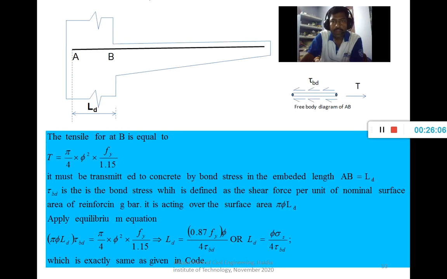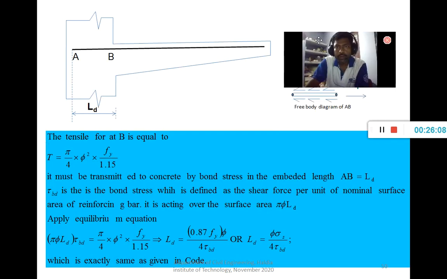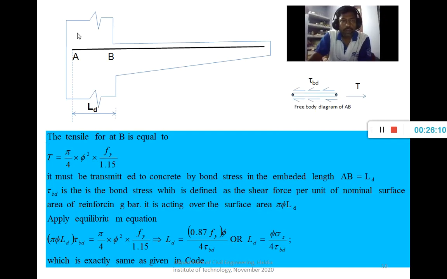You see that this is a cantilever beam and the reinforcement is applied at the top because hogging bending moment takes place; the bending moment is negative.